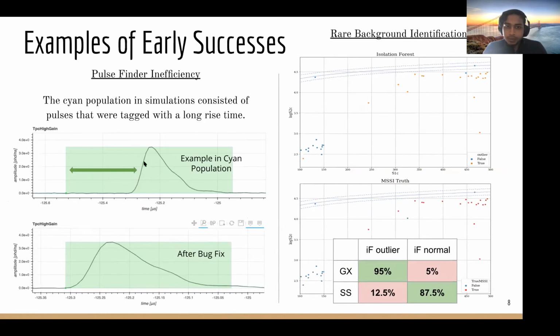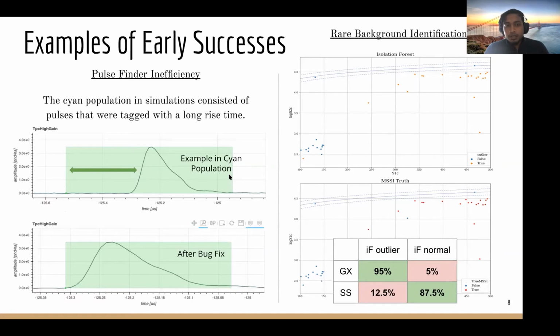Firstly, just to explain what the cyan population is. We have a program in our data processing pipeline called the pulse finder, where it looks at a waveform. A waveform has several pulses, and it looks at each pulse and gives it a label, like S1. This pulse is an S1, this pulse is an S2, and so on. And it does so by defining some boundaries in time as to where the pulse starts and ends.